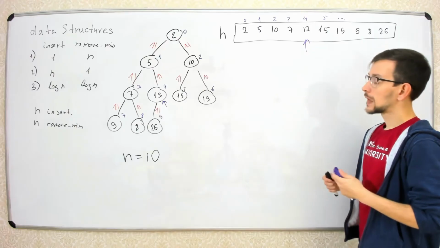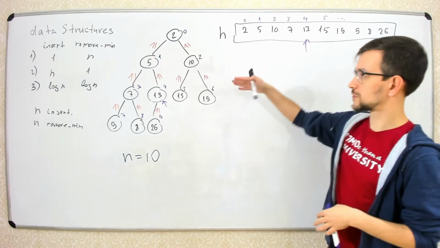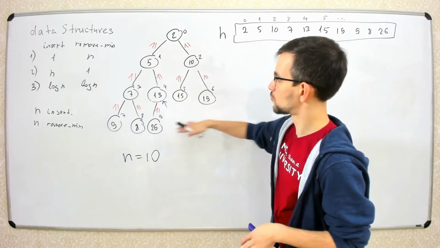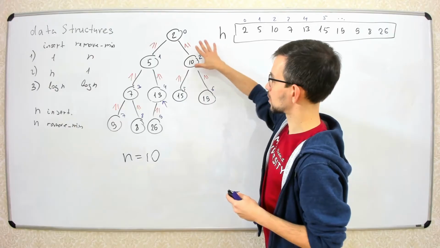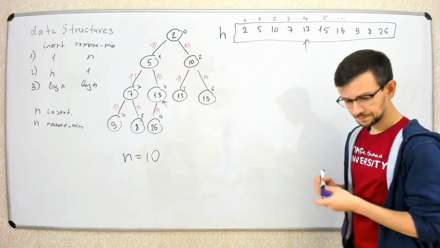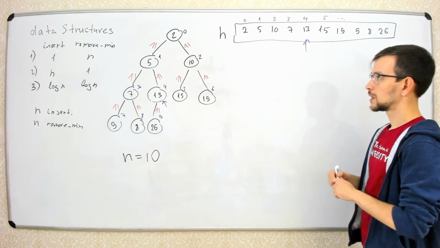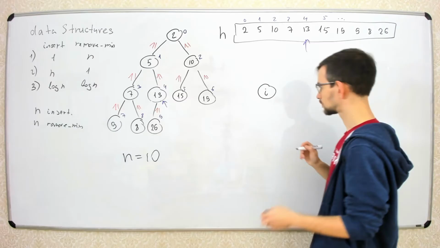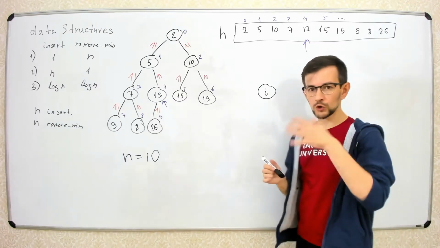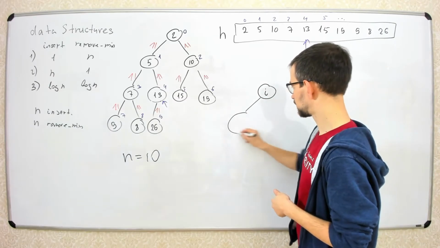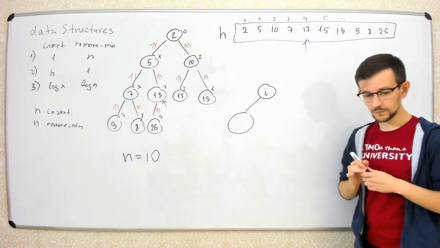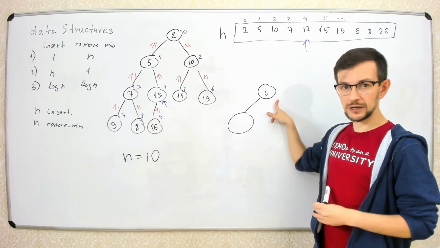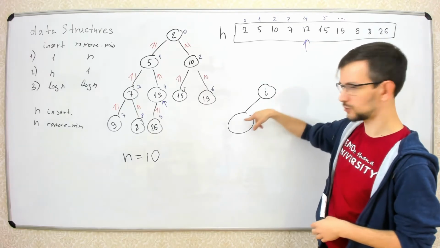Good. Now, we will need to traverse this tree. So we need to move to the parent or move to the child nodes. So how can we move around the tree using this array? That's quite simple. If we stay in some node I, and we want to move to the left child of this node, we don't have the pointer from this node to this node.